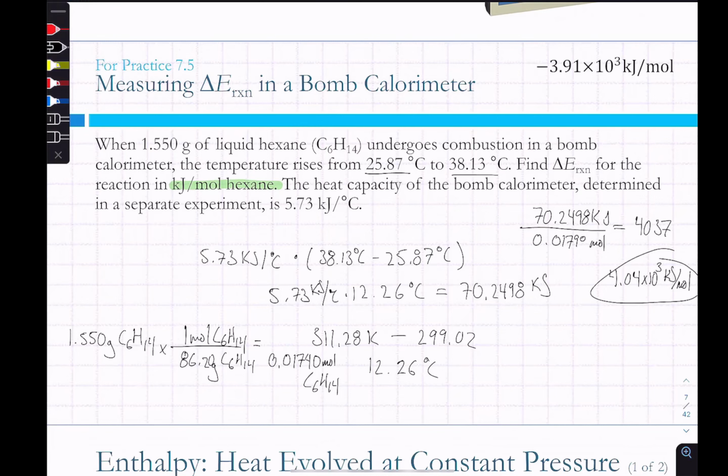This is a good object lesson. I think it should be negative, but this difference between 4.04 and 3.91 is so close that it's suggestive of a typo like this. So I did 1.50 grams instead of 1.55. I didn't do that on purpose.